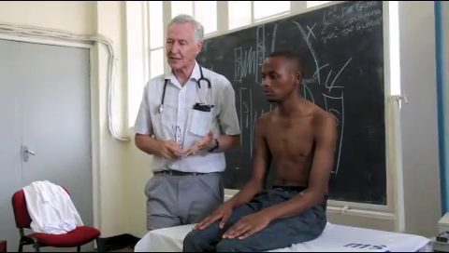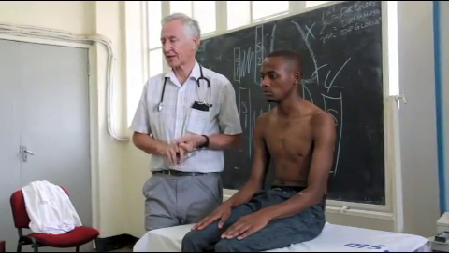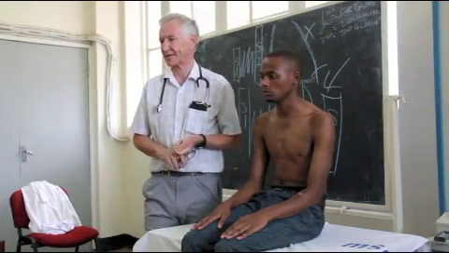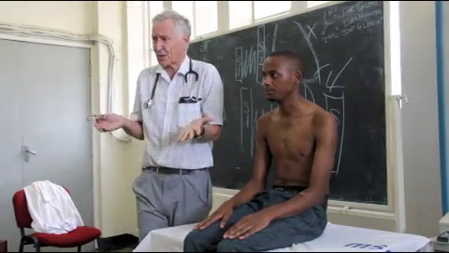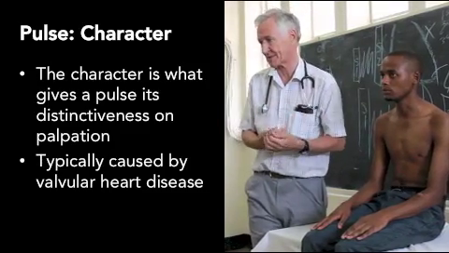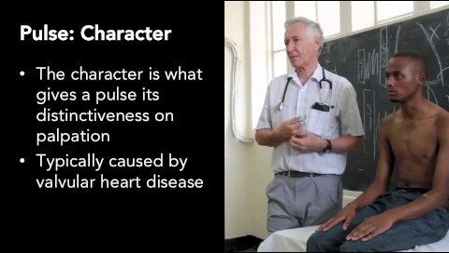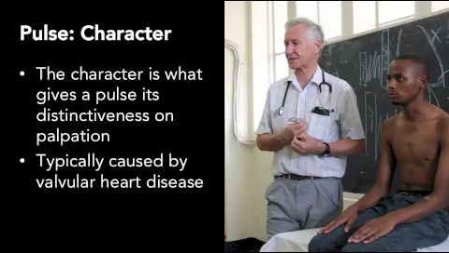So we've done rate, we've done rhythm, we've done volume. Now the one that causes students problems, character. Character is what makes a pulse distinguishable from other pulses. The three main pulses that can be picked up at the wrist are as follows.